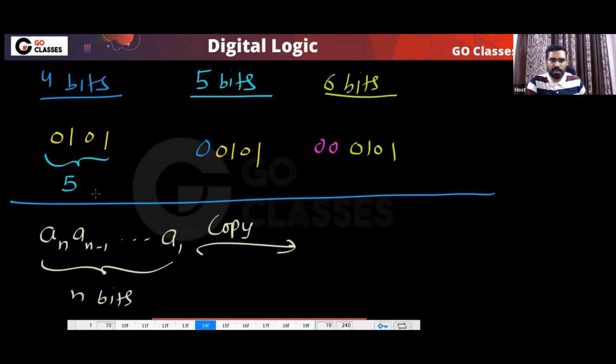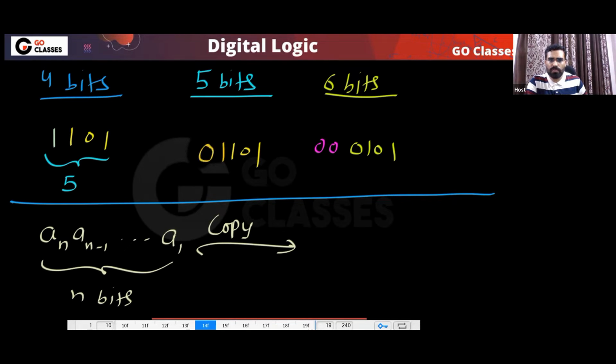Also, one more thing: if my original data was 1101, how do we copy it into 5 bits? Very simple.